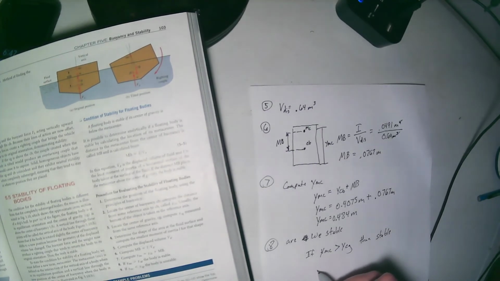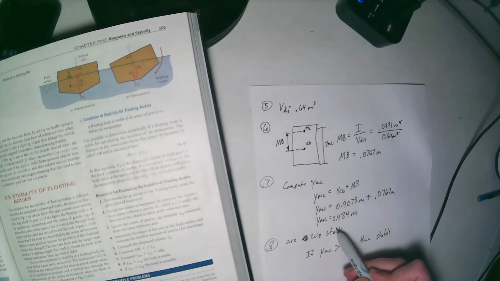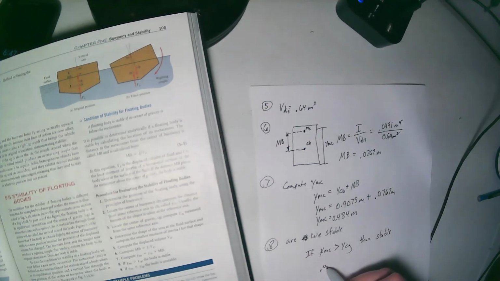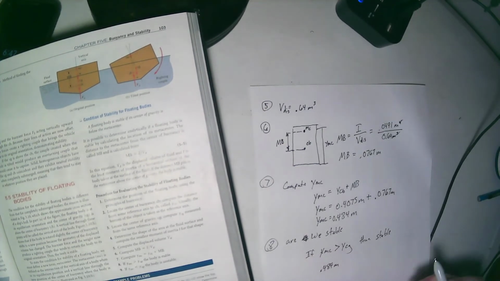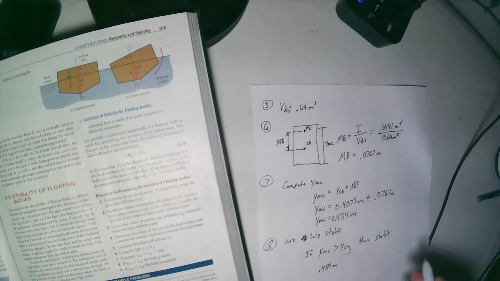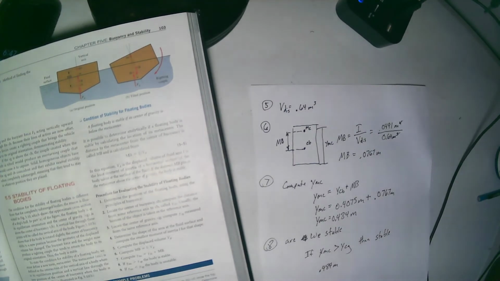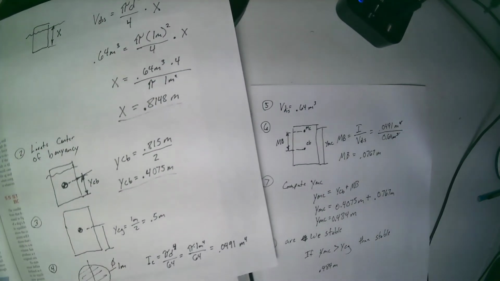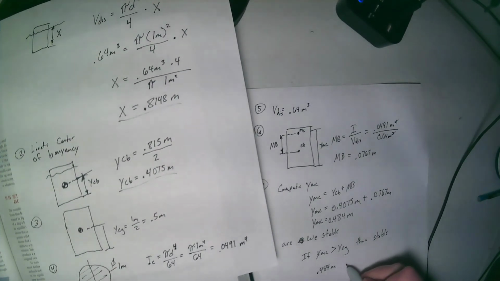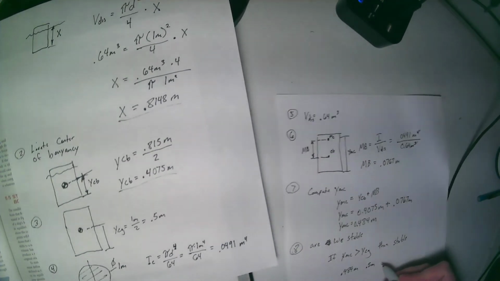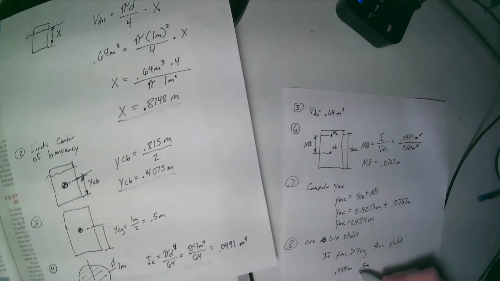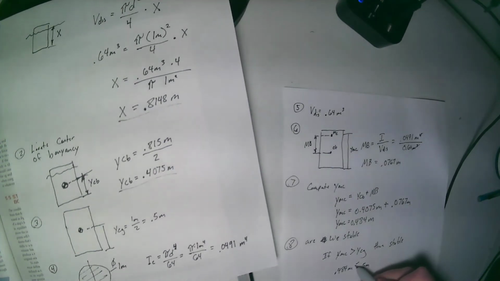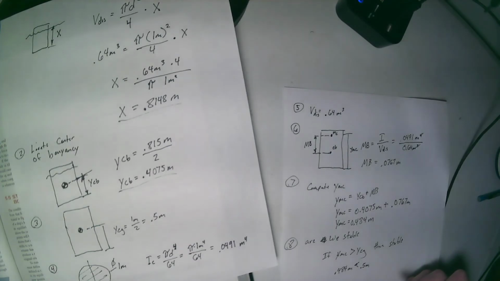In this case, our YMC is 0.484 meters, and our YCG is equal to 0.5. Well, it's pretty obvious that we don't get that, right?